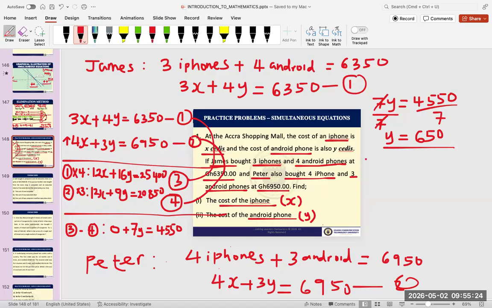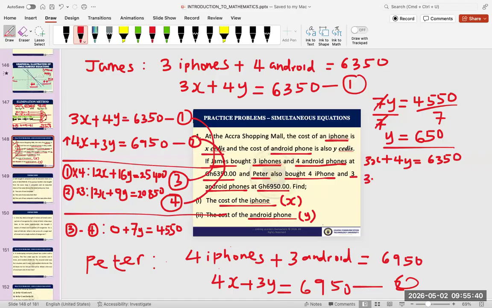So let's pick equation 1. 3x plus 4y is equal to 6350.